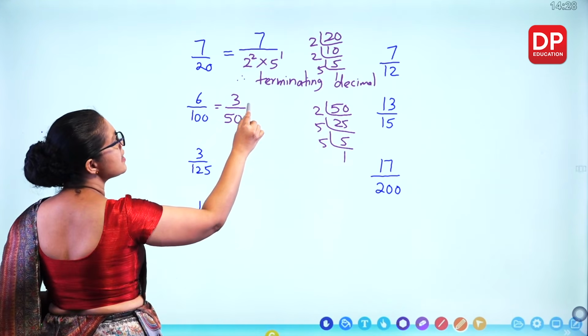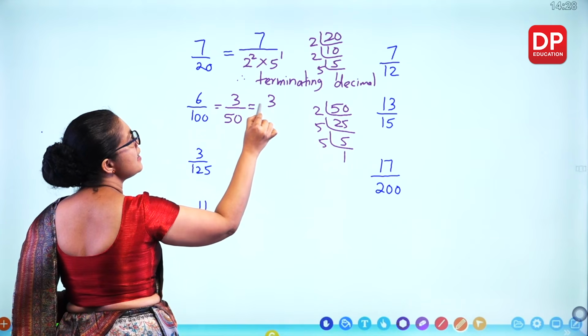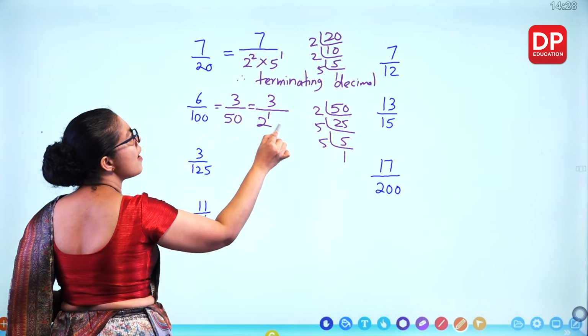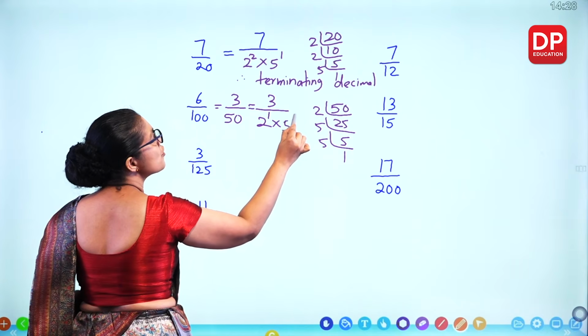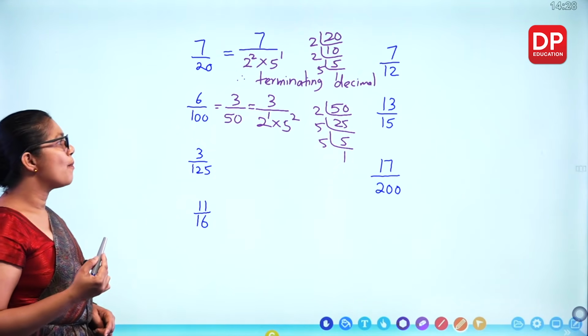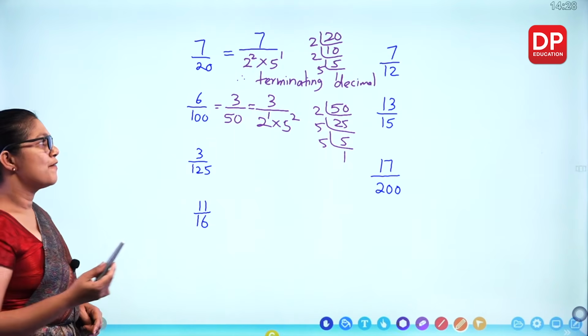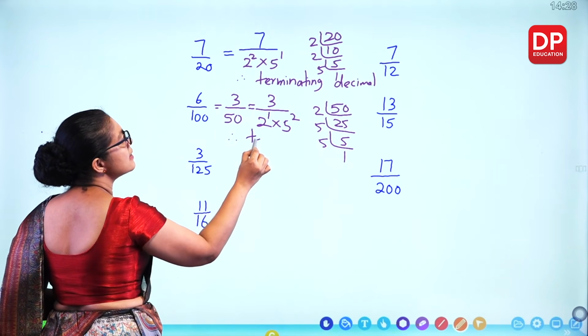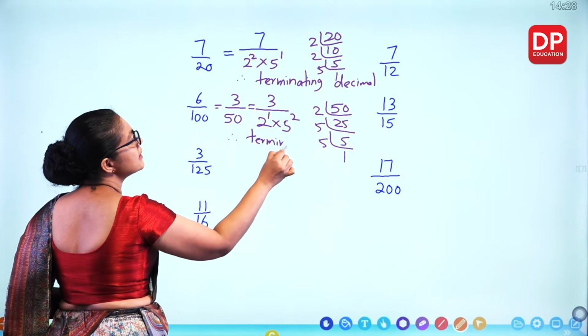So how can we write down? I can write 3 as it is, and this one I can write 2 to the power 1 and 5 to the power 2. So this is in that form. So what you can say, if you can write in this form, that's a terminating decimal.